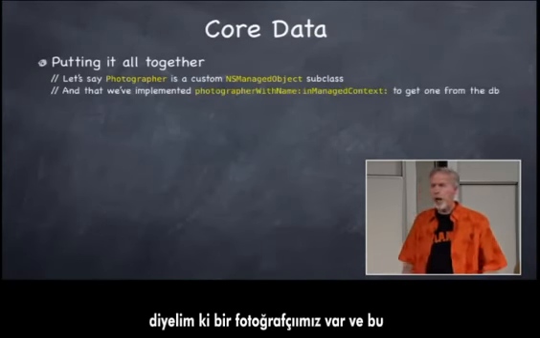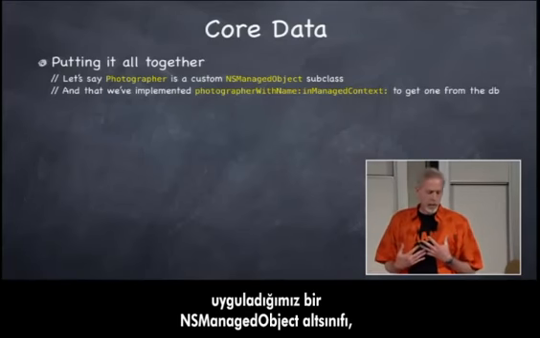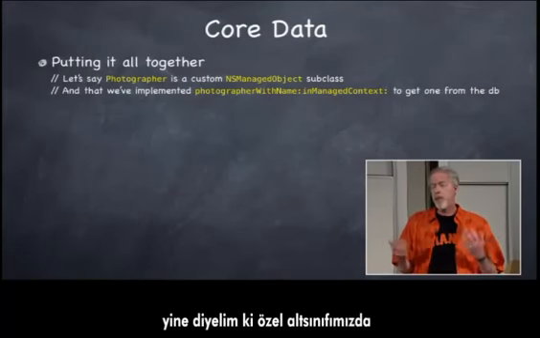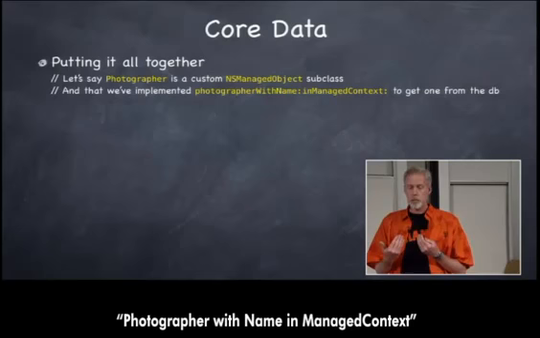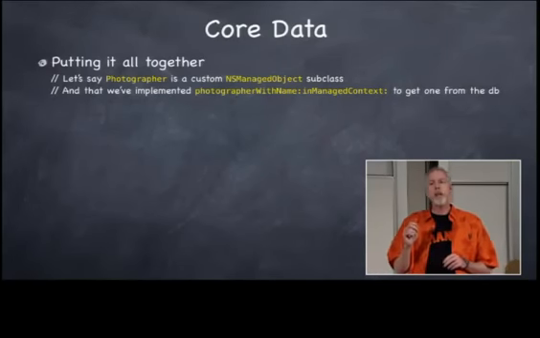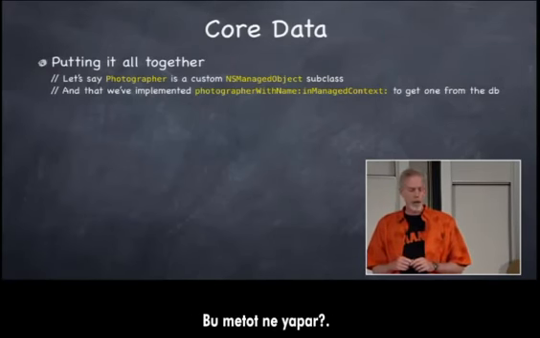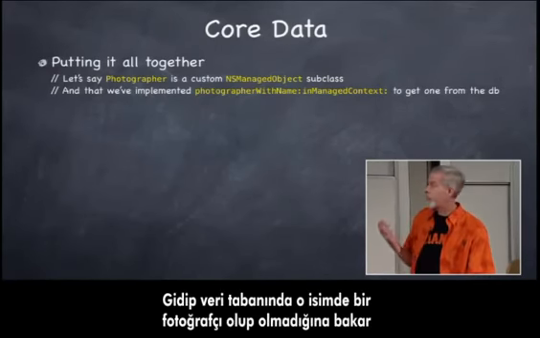All right, so let's put all this stuff together. So let's say we have Photographer, and it's an NSManagedObject subclass, and let's say we have a method that we've implemented in our custom subclass called photographerWithName:inManagedObjectContext:. And it's very common to implement a method like that in your custom NSManagedObject subclass. And what does that method do?